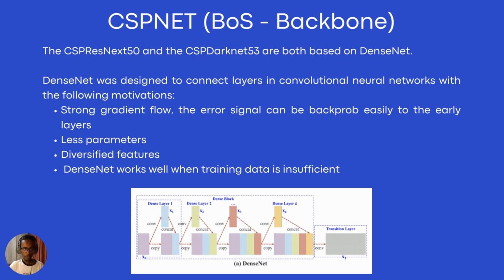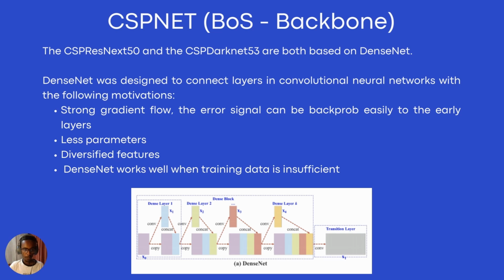As you remember, in ResNet, they moved the input directly onto the next layer and performed element-wise addition with the one that has already passed through a convolutional operation. But DenseNet has a strong gradient flow, and the error signal can be backpropagated easily to the early layers.